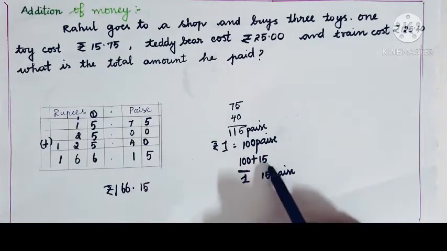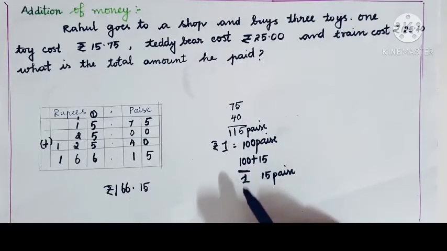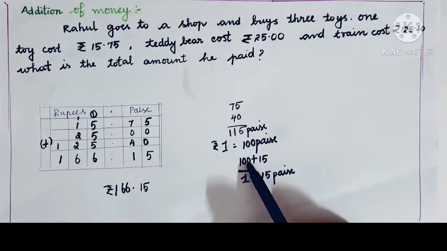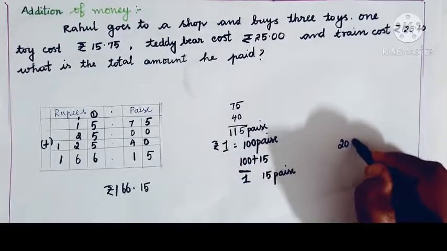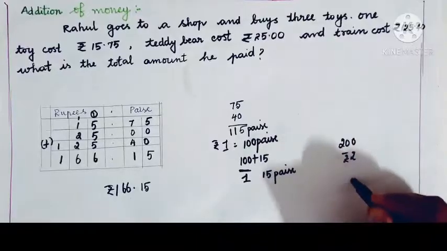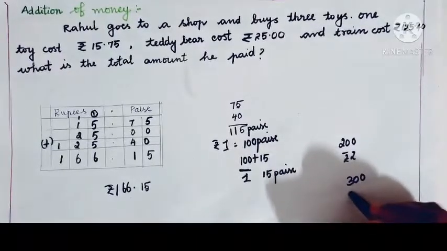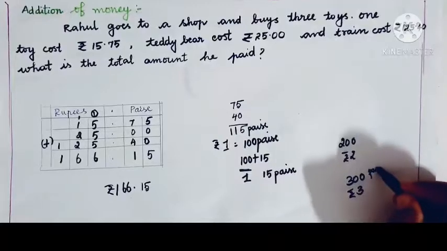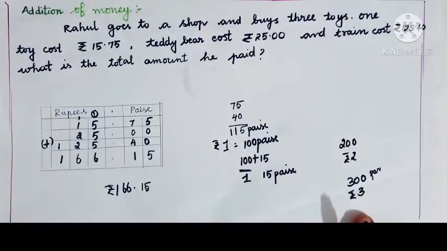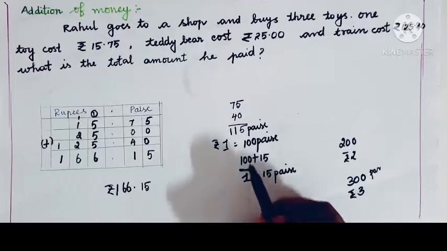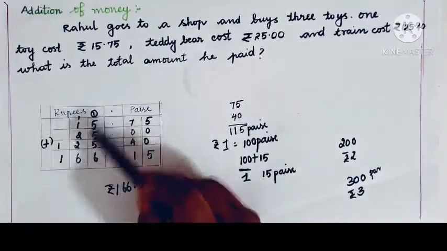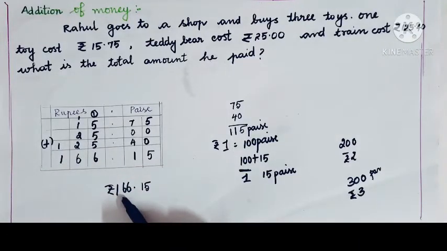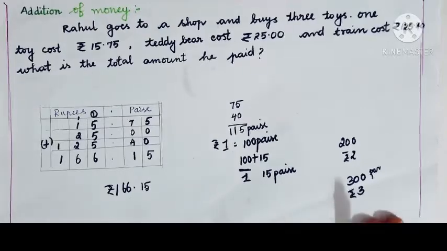So 100 plus 15. 100 pies becomes 1 rupee, 200 means rupees 2, 300 means rupees 3. Is it clear? So 100 pies means 1 rupee. That 1 rupee you put in the rupee column and then add. So you get 166 rupees 15 pies. I hope you can understand this.